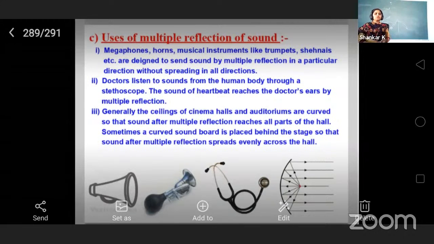Now, where can we use this multiple reflection of sound? Megaphones, horns, and musical instruments like trumpets are designed to send sound by multiple reflection in a particular direction without spreading in all directions.